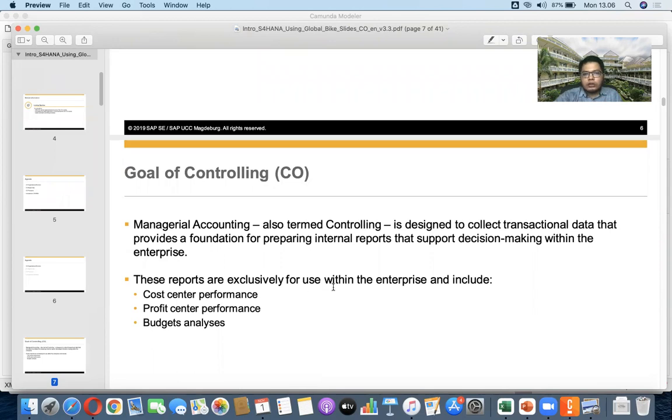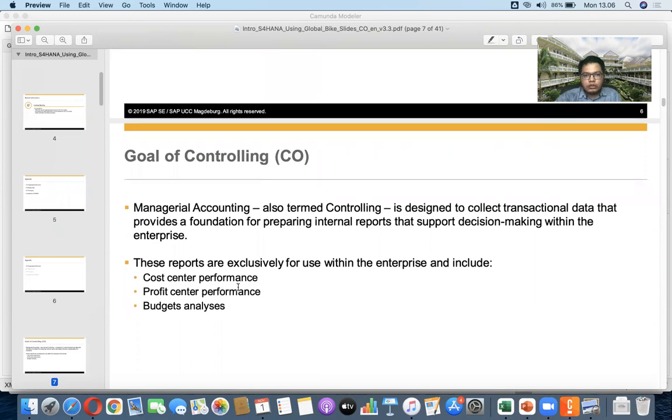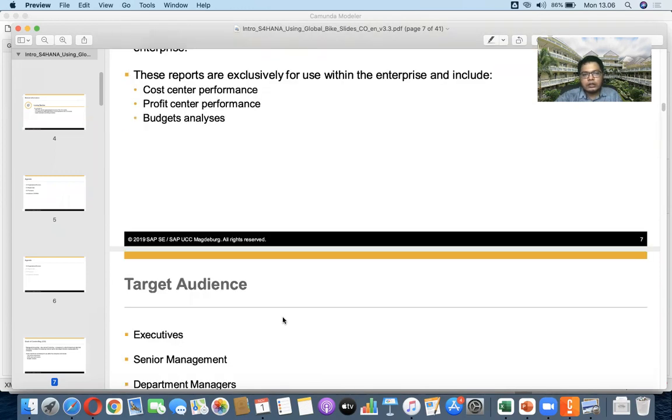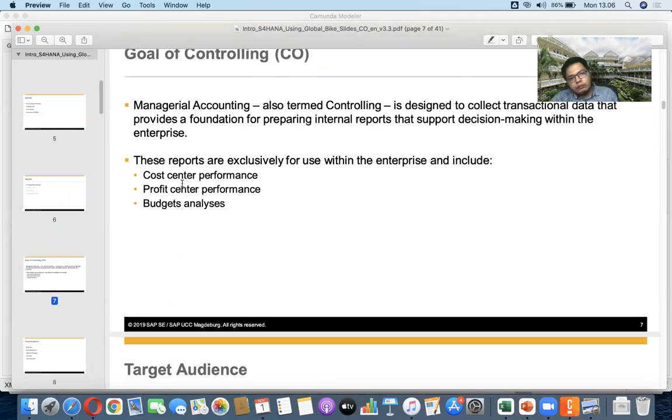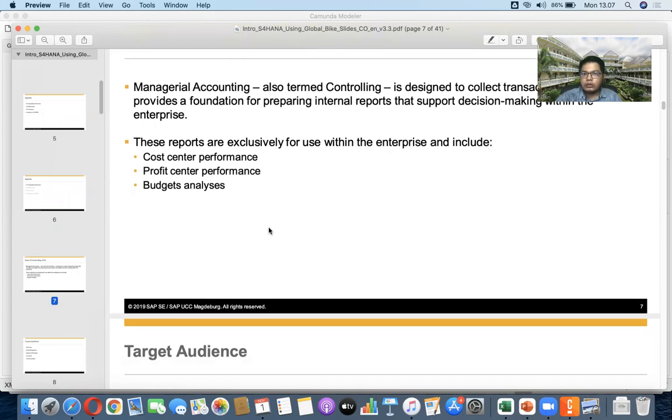These reports are exclusively for use within the enterprise and include cost center performance, profit center, and budget analysis. The cost center and profit center record what already happened, while budget analysis plans the budget and checks whether the realization is good according to the budget or not.